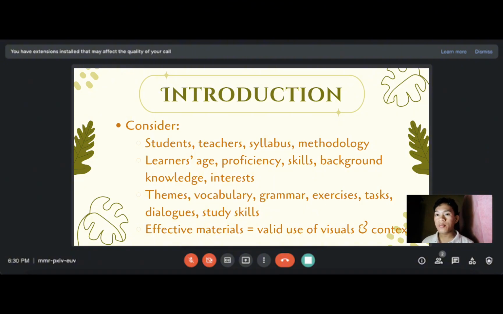This is all about planning, engaging with visuals to help our target learners achieve their goals. So those are the 4 key steps that we have to follow in developing a course book. Any questions or clarifications about the 4 key steps? If done, let's proceed to discuss the 2 types of course book.